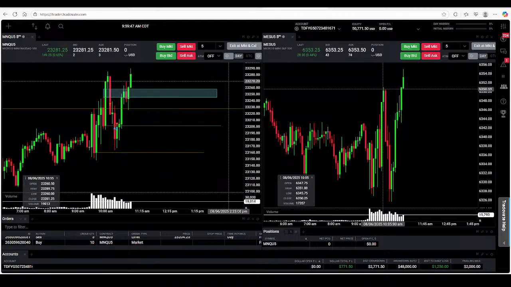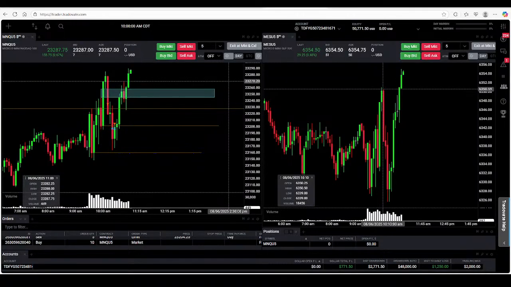I have learned in my experience, and been killed by that many times, unfortunately, trying to fight the trend. So I like to see quick moves into supply slash demand to get that liquidity and then see the reversal that we are expecting based off where we believe the liquidity will be in these zones. Slow grinds up, I do not like to fight against. I have lost too much money doing that.